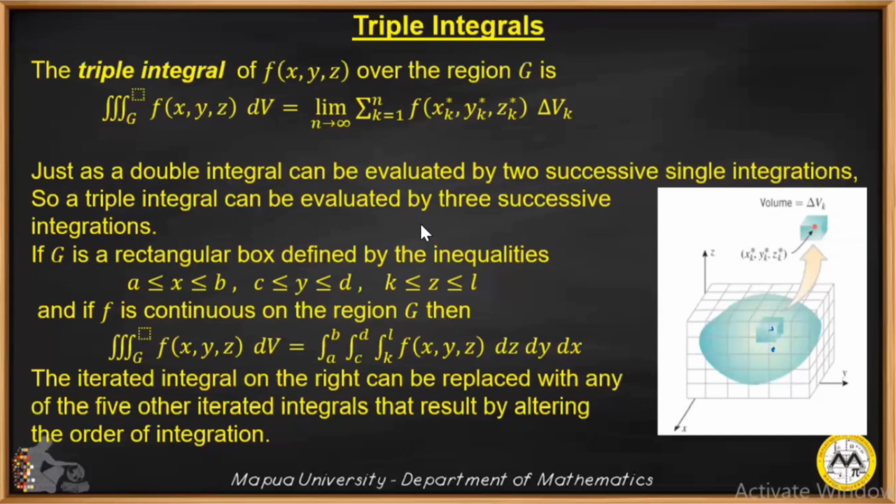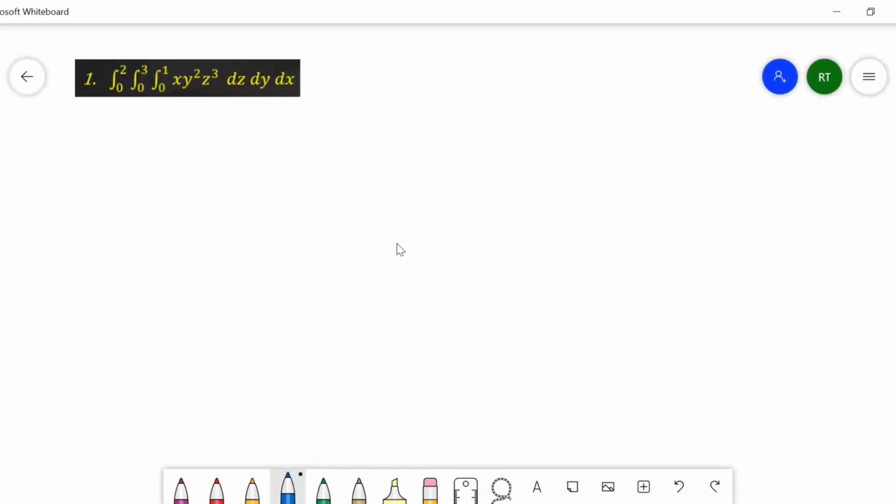So to illustrate how to evaluate triple integrals, here is the first example. In double integration, let us say the order is dx dy. We perform the inner integral first with respect to one variable, and the other variable is temporarily held constant.